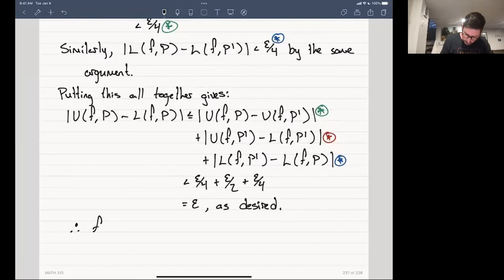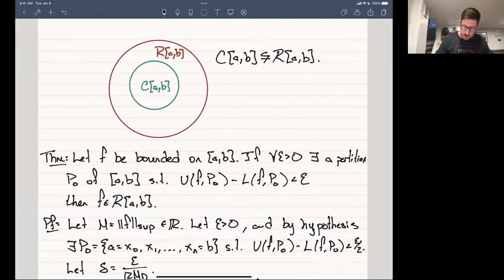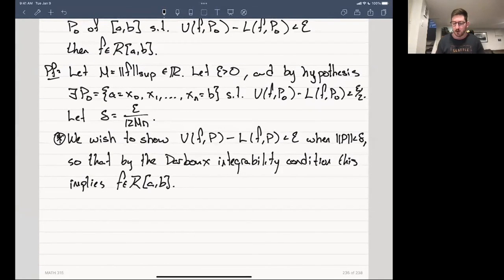Therefore, my function is Riemann integrable by the Darboux condition based on the we wish to show component here. Remember, we want to show using the Darboux integrability condition that the upper and the lower sums are within epsilon of each other when your mesh is small enough.